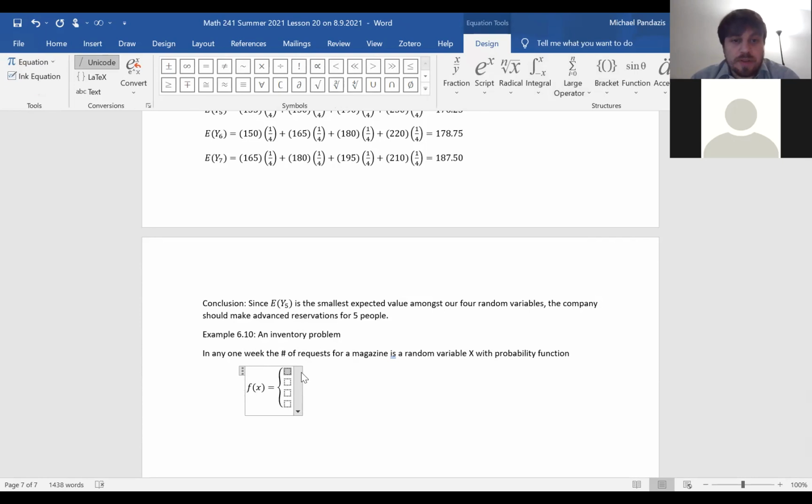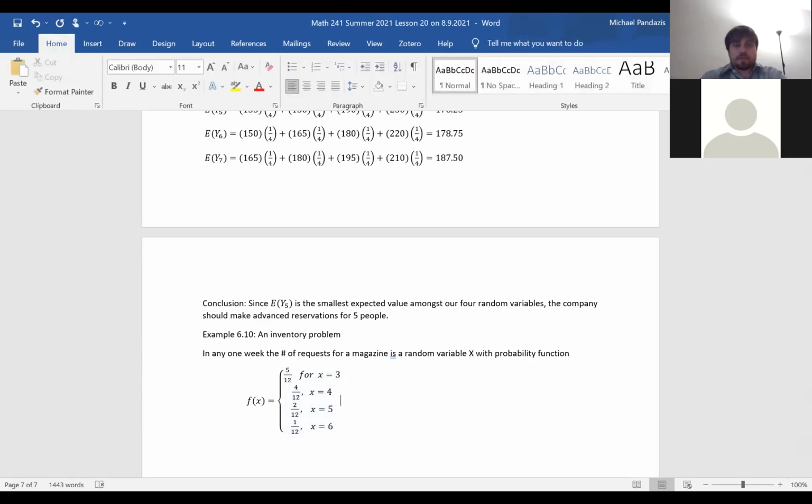It's equal to 5/12 for x equals 3, 4/12 for x equals 4, 2/12 for x equals 5, and 1/12 for x equals 6. Okay, that's your probability function there.